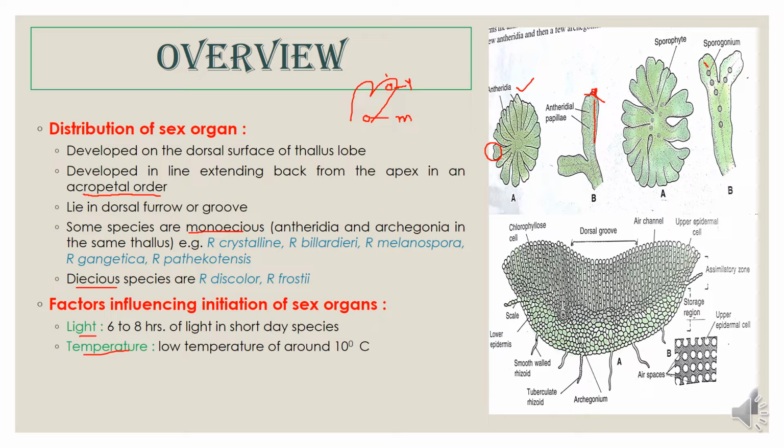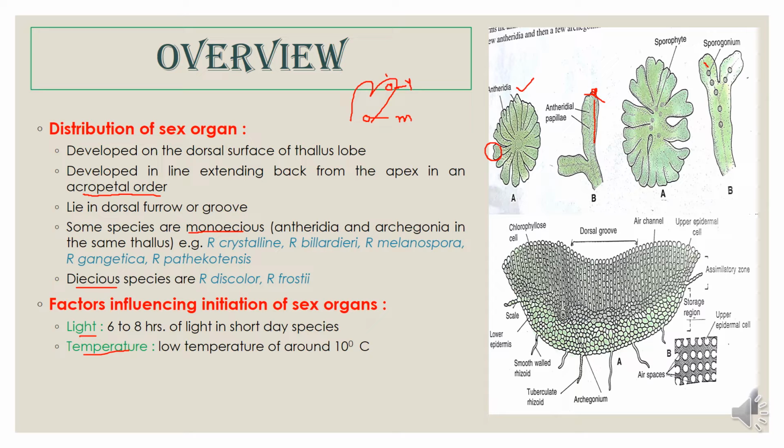In long day species more importance is on the photoperiod, that is the light period, and short day species require a very short photoperiod just to start the initiation of sex organs. So these are the factors that influence sex organ development and distribution.